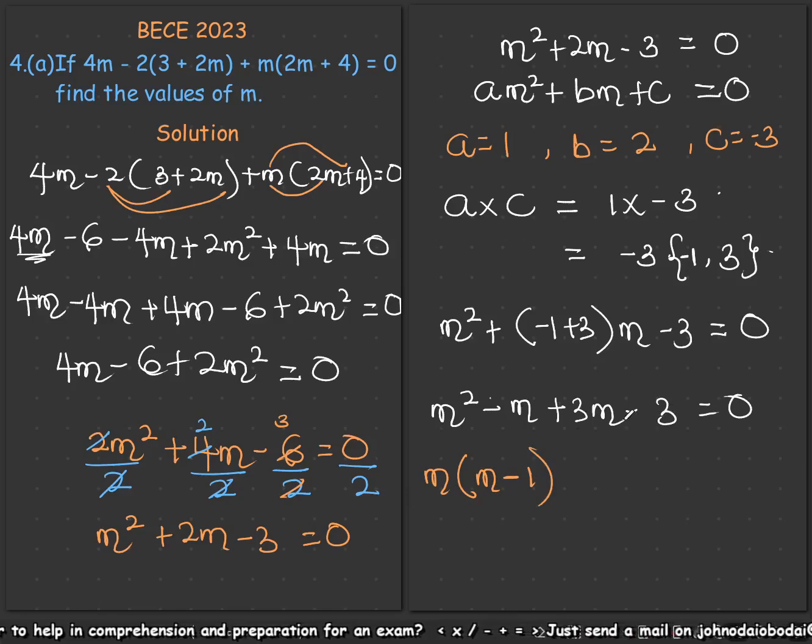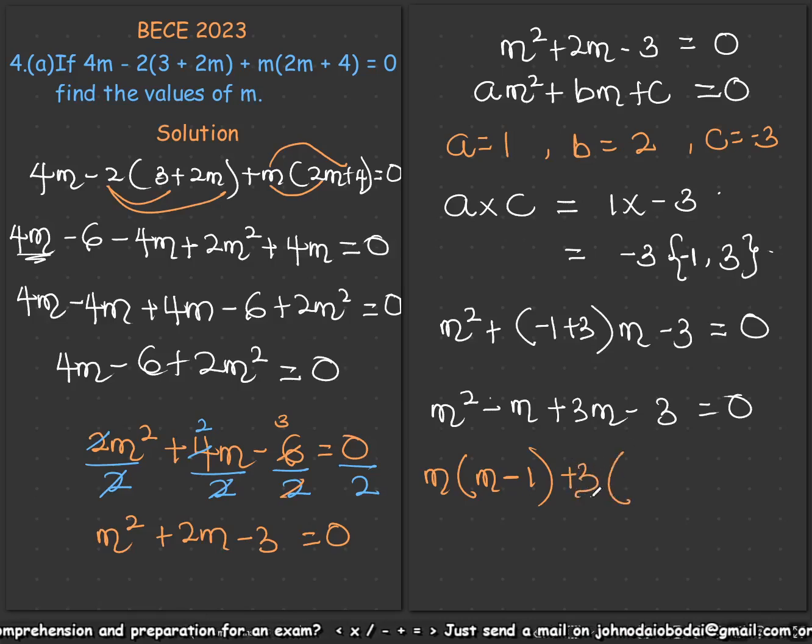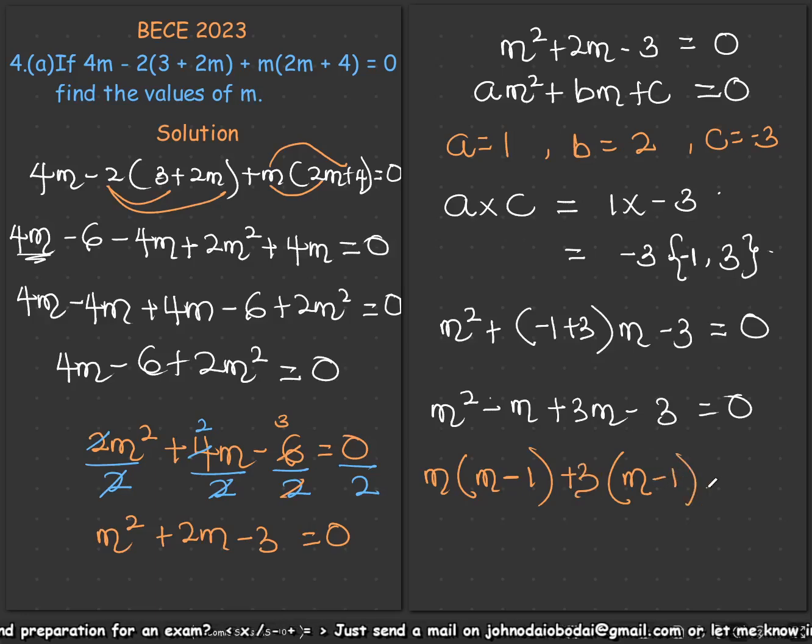They both have 3 in common, a positive 3. So positive 3 times 3m. Positive 3 times what gives us 3m? That is m. And positive 3 once again times what gives us a negative 3? That is a negative 1.